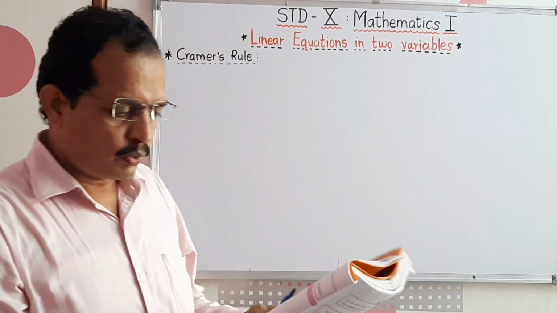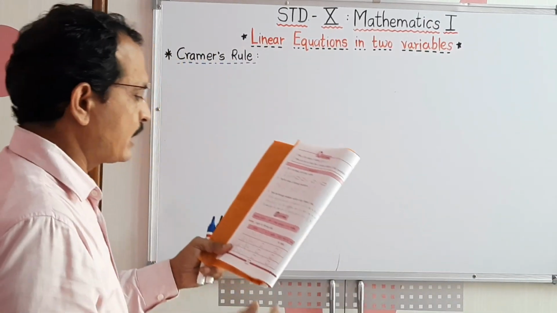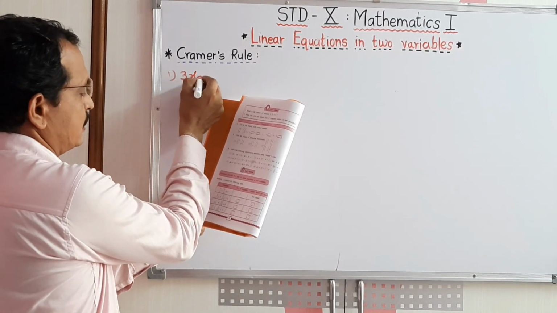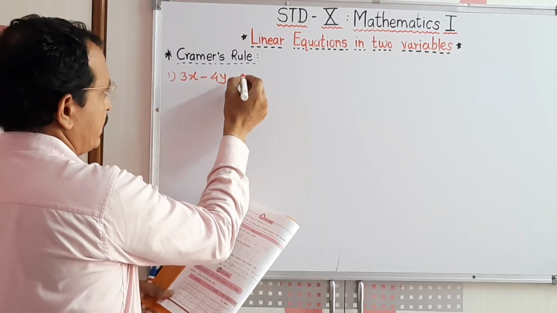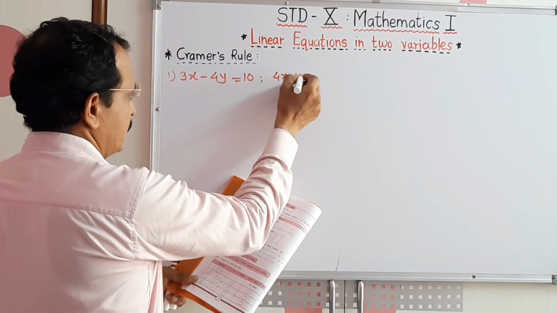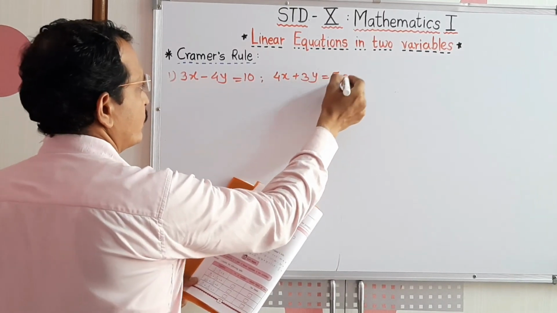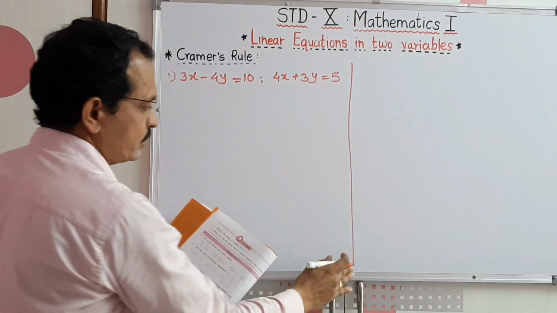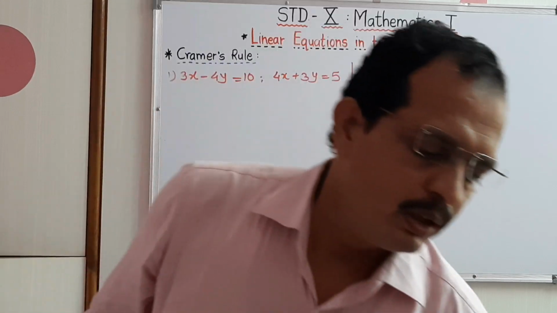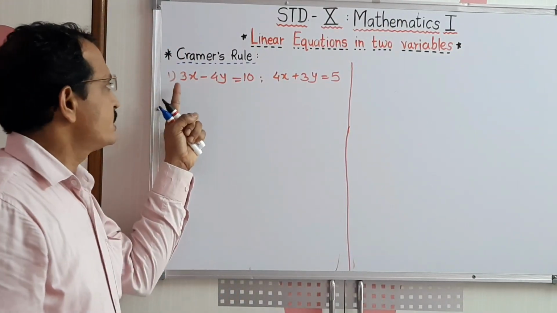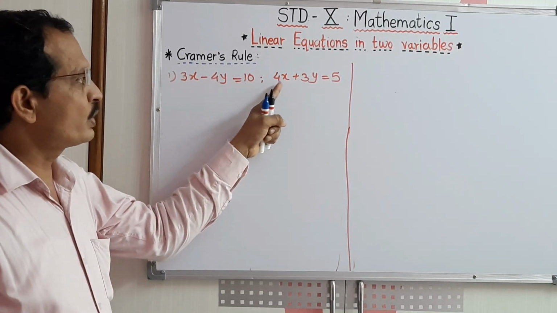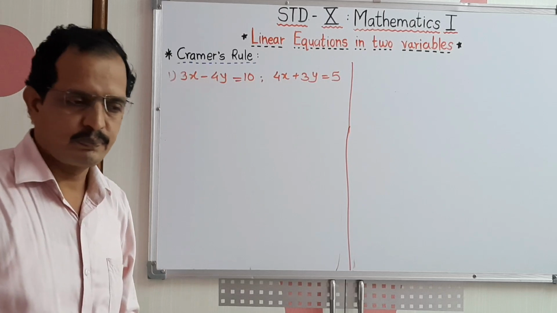The first equation is 3x minus 4y equal to 10, and the second is 4x plus 3y is equal to 5. Now these equations we have to solve by using Cramer's rule. See, equation 3x minus 4y is equal to 10. Second equation 4x plus 3y is equal to 5.